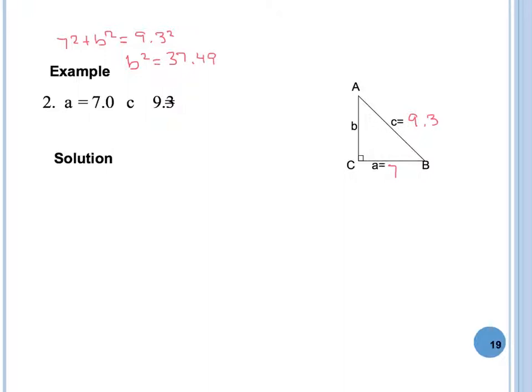And if I take the square root, I get a beautiful answer for b. I'm going to round that to 1 decimal place, just like a and c. And I don't have a unit this time, so that's just my value for little b.